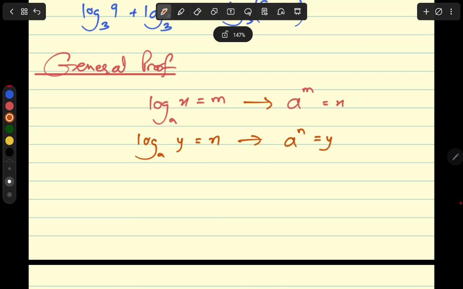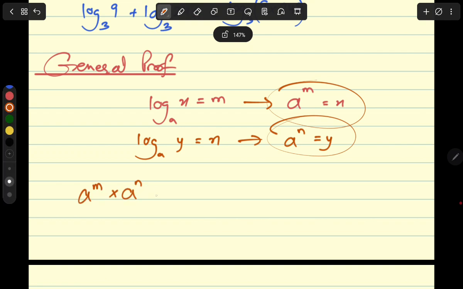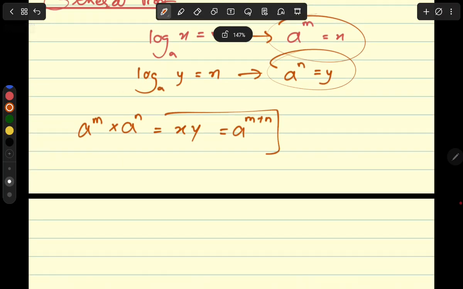If I multiply both of them, what do I get? I get a to the power m times a to the power n is equal to xy, which is a to the power m plus n, right? I hope you all agree with me and know the exponential rules already.